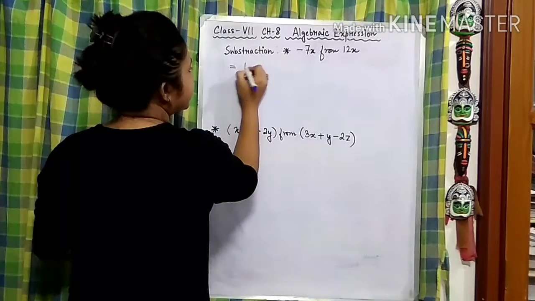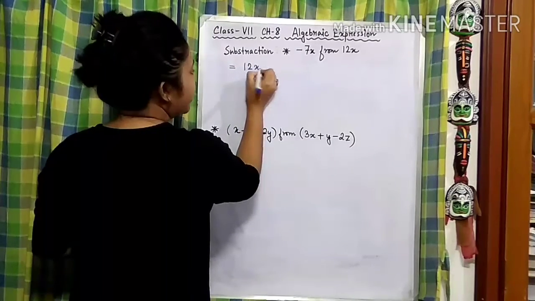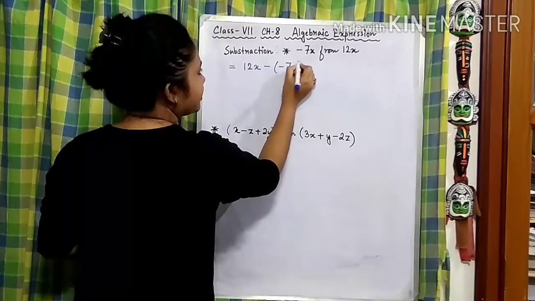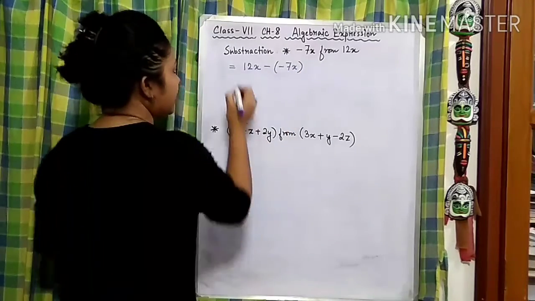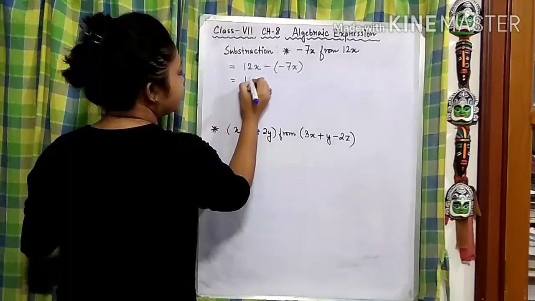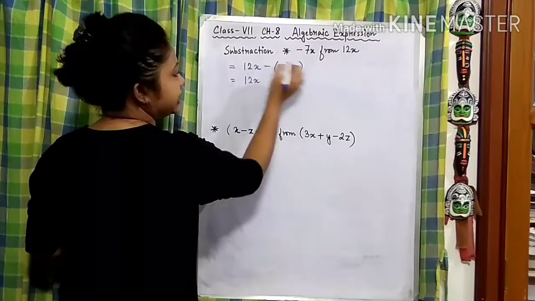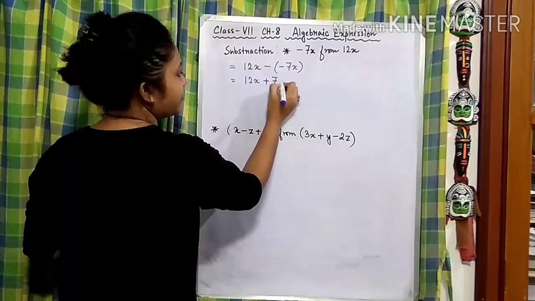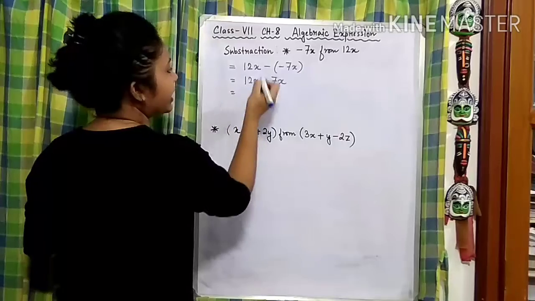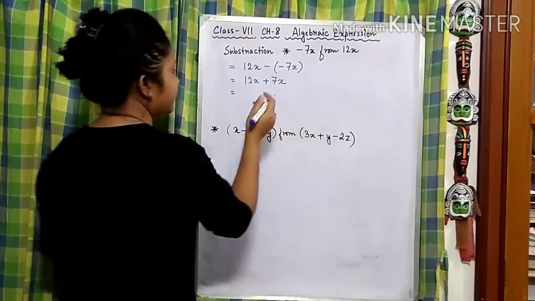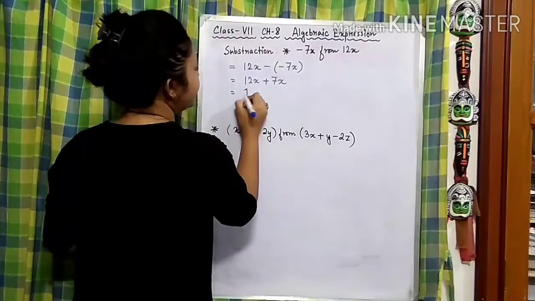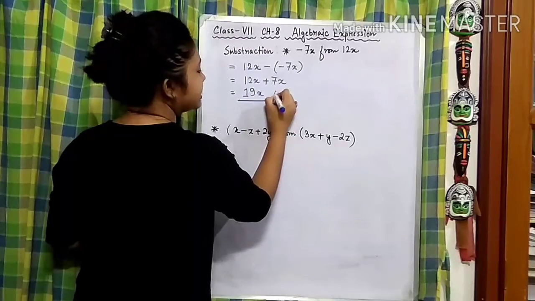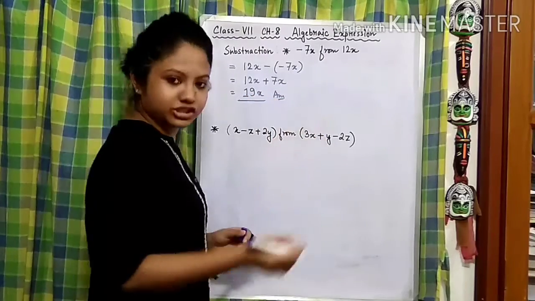So the representation is 12x minus, within bracket, minus 7x. Now we interact the signs: minus minus gives plus. So 12x plus 7x gives 19x. This is the answer of the subtraction.